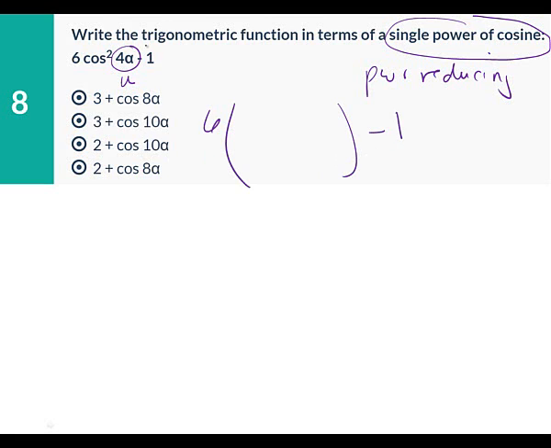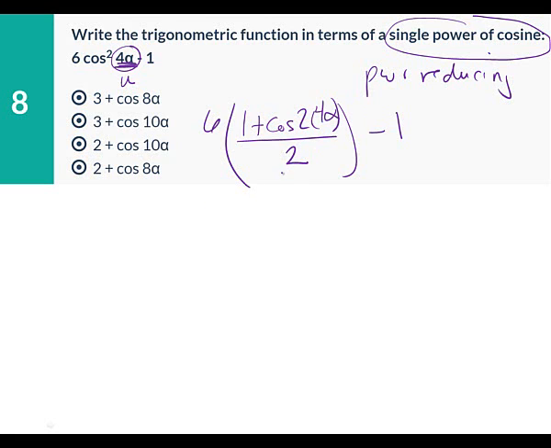And I'm going to put the -1 in the back. I've got to do a power reducing in the middle. So what do I replace cosine squared with? Look at your identities. 1 plus cosine of 2u over 2. What are we plopping in the u spot? 4 alpha.